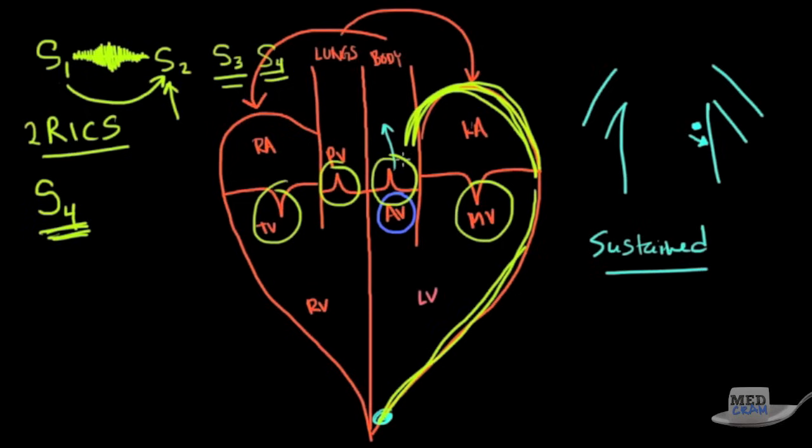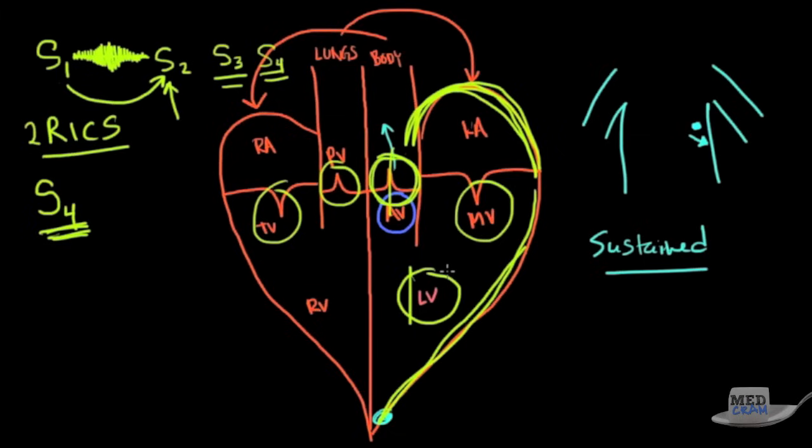Now, as a result of the pathophysiology, anything that increases the gradient around this valve or the amount of blood in the left ventricle is going to increase the murmur. Anything that decreases the gradient or decreases the left ventricular size is going to decrease the murmur.